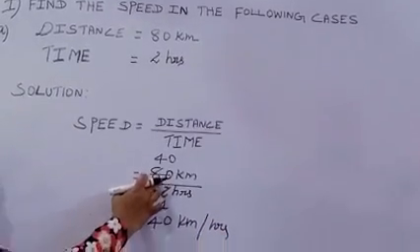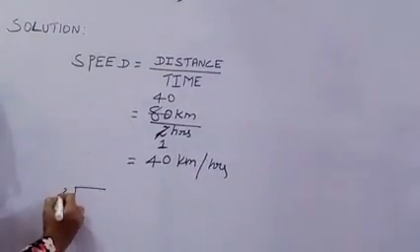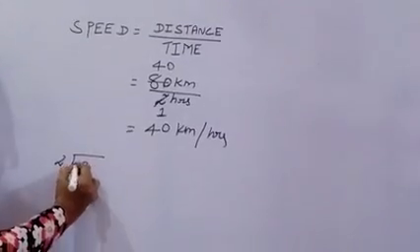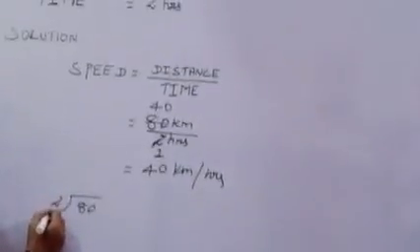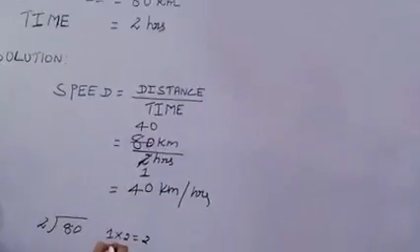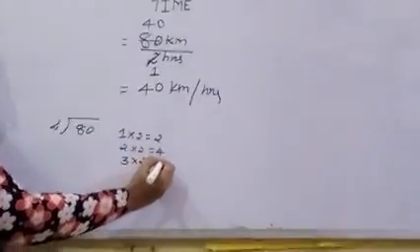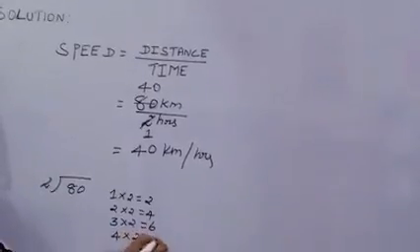This is your answer. You can divide like this, or else, as usual, you follow the divisor and dividend. How many times 2 in 8? 1 2 is 2, 2 2s are 4, 3 2s are 6, 4 2s are 8.